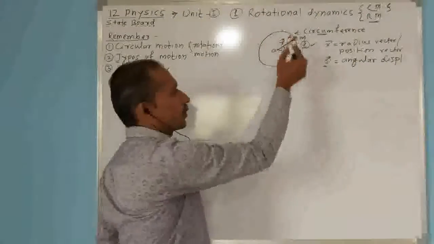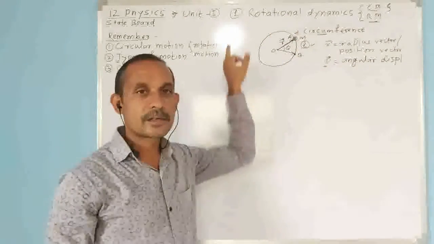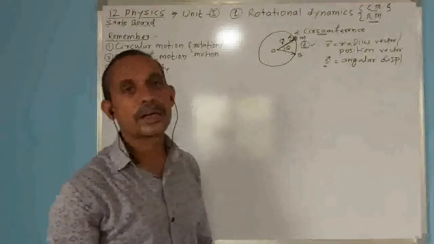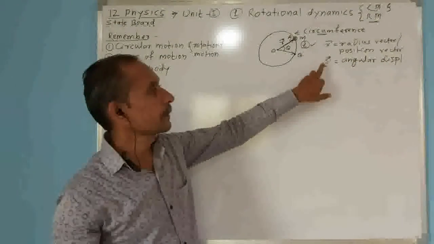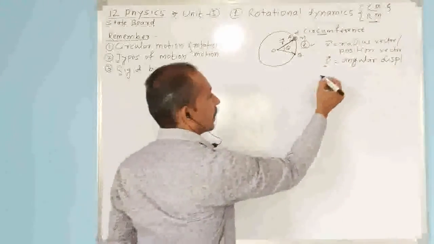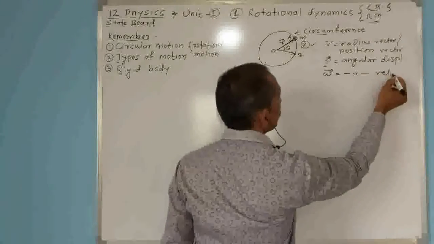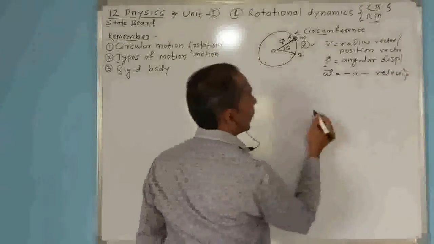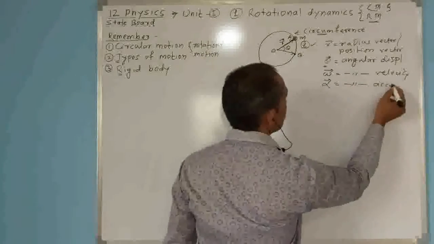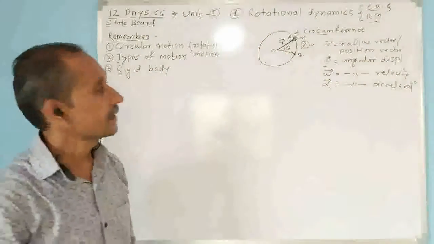So to describe the circular motion, we need to study more physical quantities like radius vector, angular displacement, angular velocity, and angular acceleration.